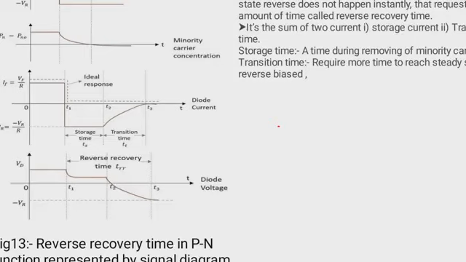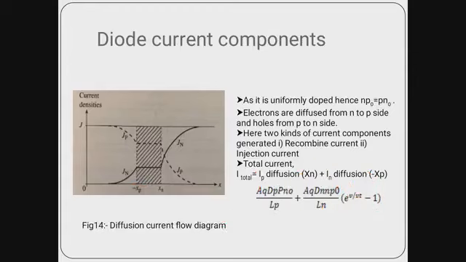So the total reverse recovery time TRR is equal to TS, the storage time, plus TT, the transition time. This is the description of reverse recovery time by using these plots in a PN diode.